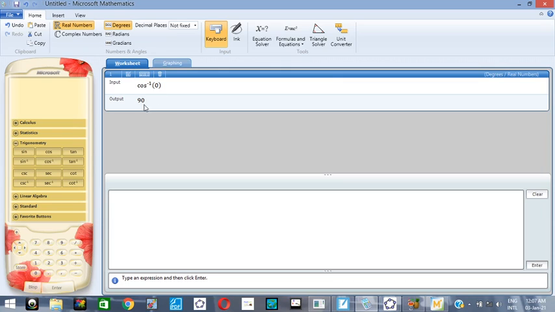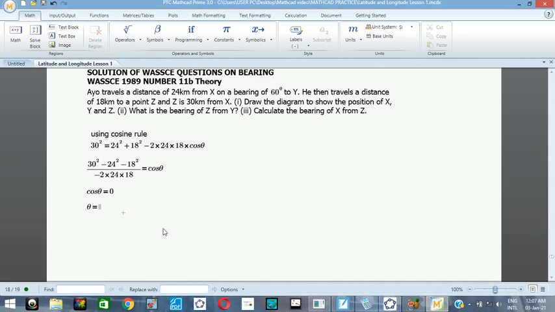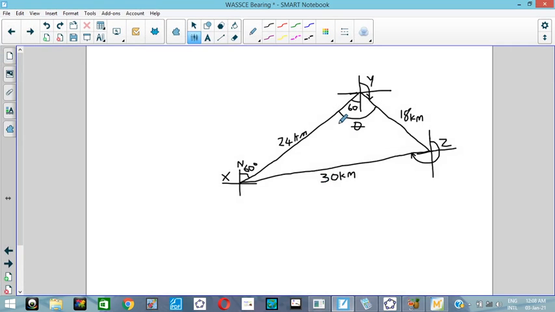Okay, it's 90 degrees. So that means theta is 90 degrees. So I got my theta as 90 degrees. So if theta is 90 degrees, that means in our diagram, this full angle here, theta, is 90 degrees.